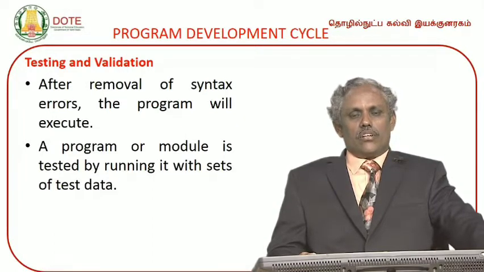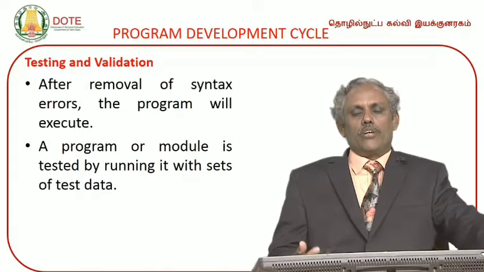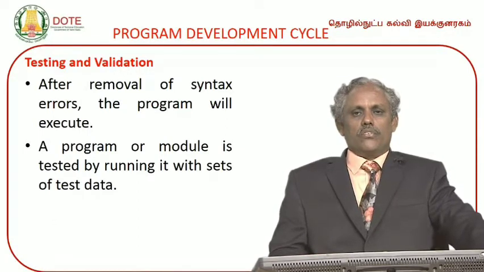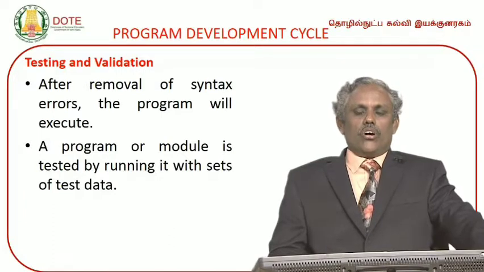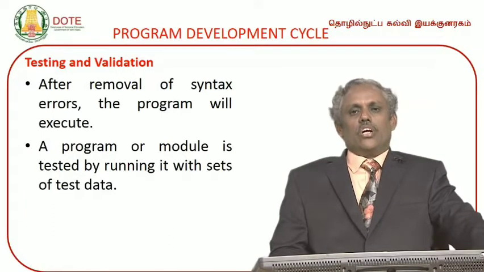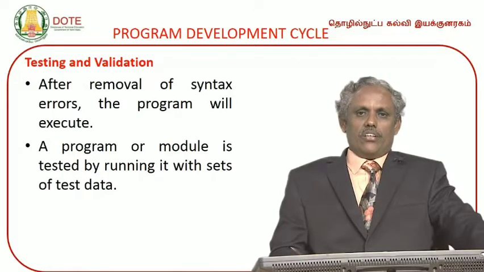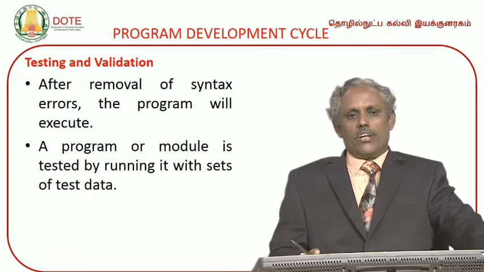After compiling successfully, it can be executed. During execution also there may be some errors due to some logical problems. So, after rectifying those logical errors, now the program is ready. That means it is perfectly working.